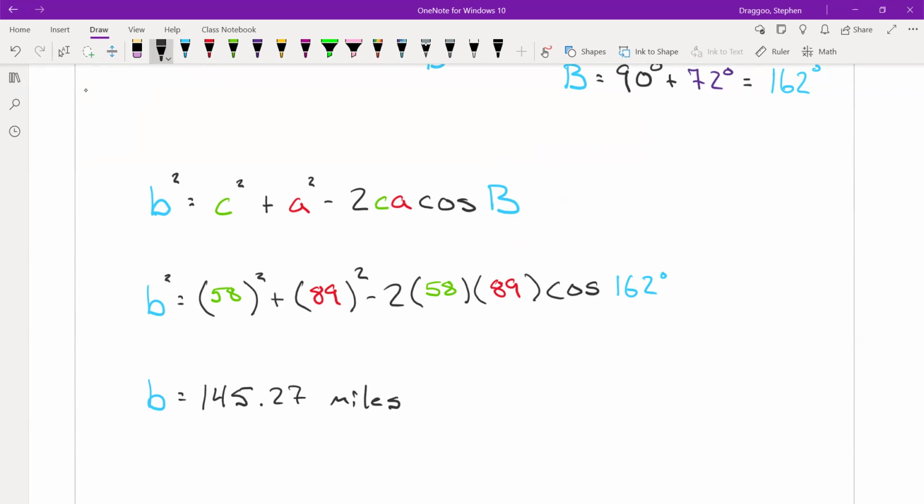So remember that we said at the beginning, the ship had traveled 58 plus 89, which is 147 miles. If we look at its two legs independently, that's how far the ship itself has traveled.